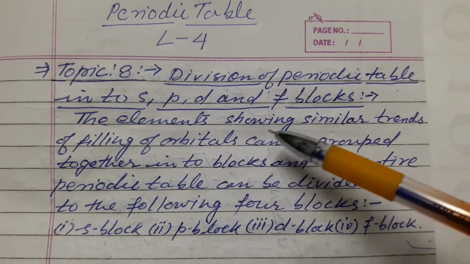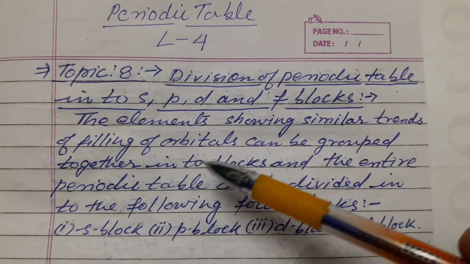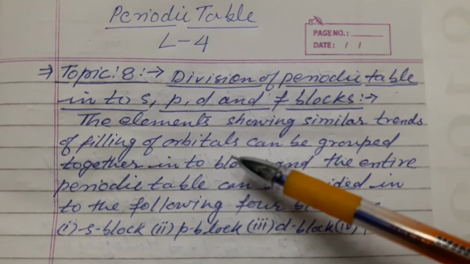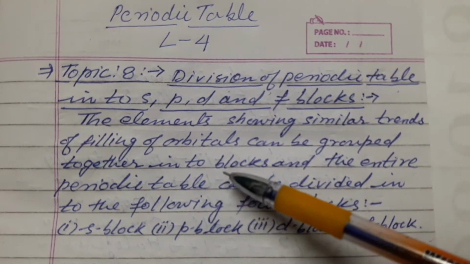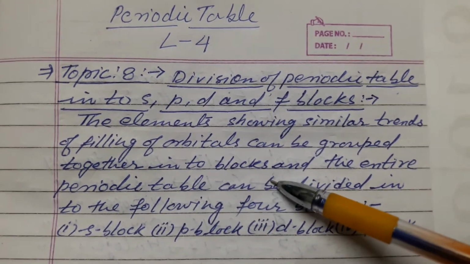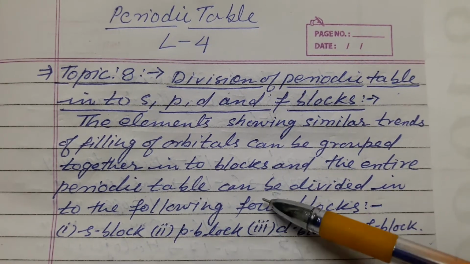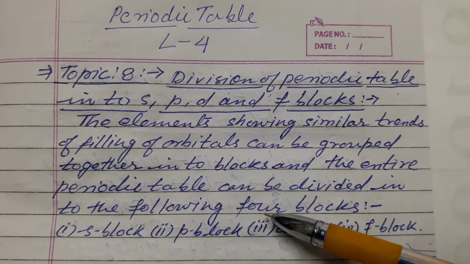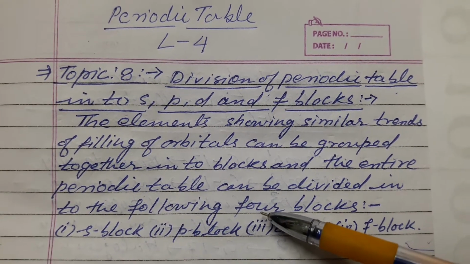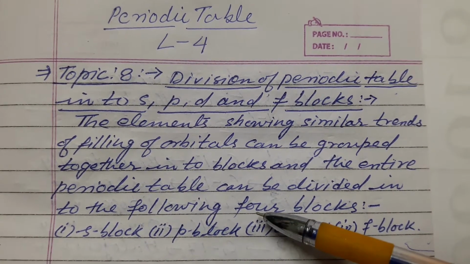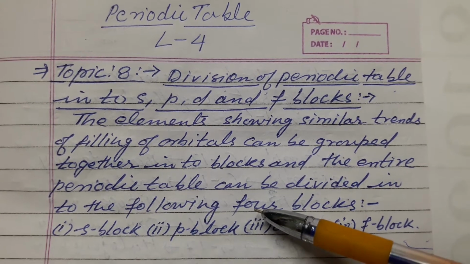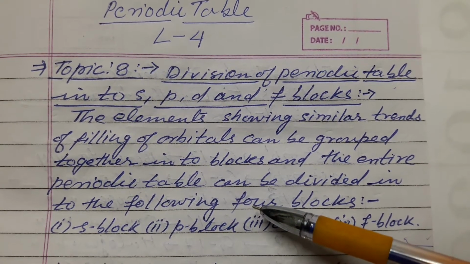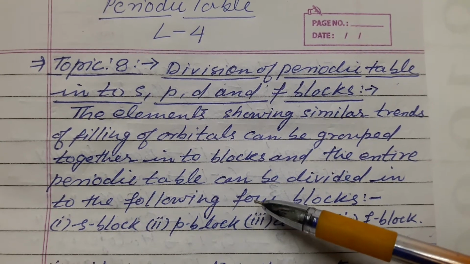The elements showing similar trends of filling orbitals can be grouped together into blocks, and the entire periodic table can be divided into the following 4 blocks. The division of elements into blocks depends upon the similarity in electronic configuration or filling of similar orbitals.